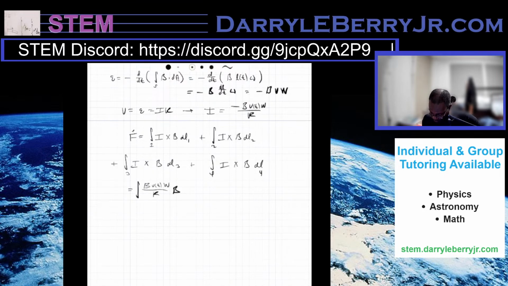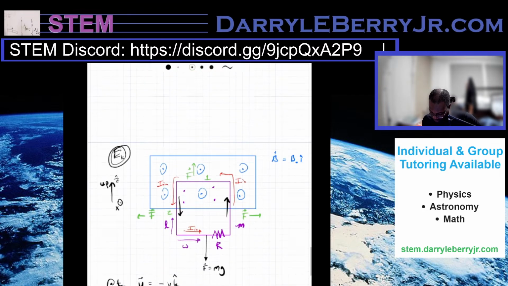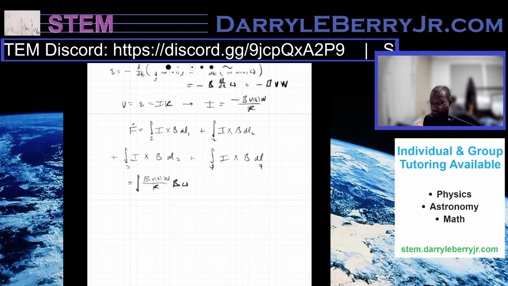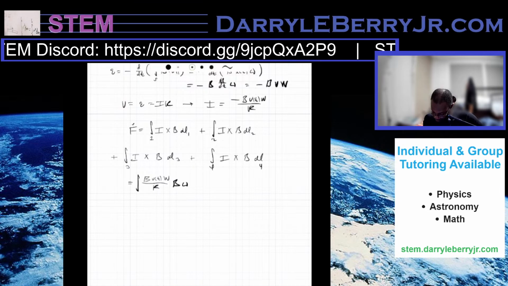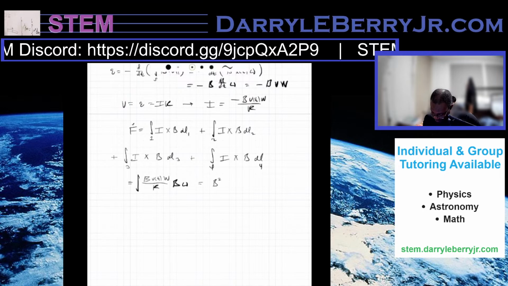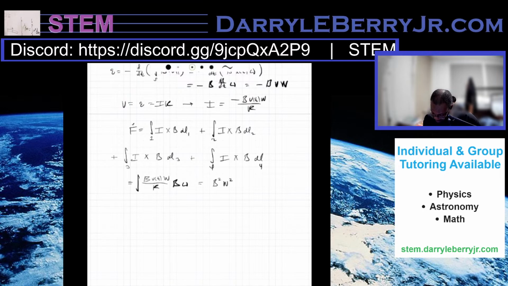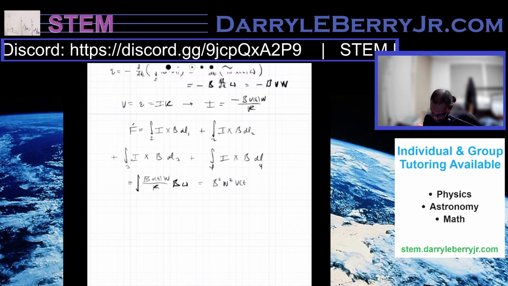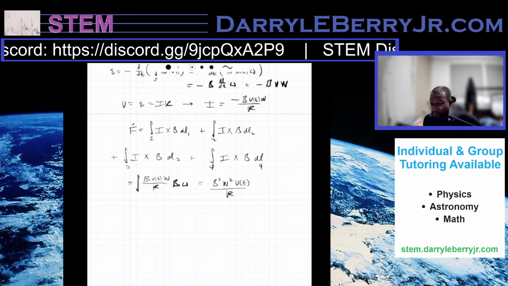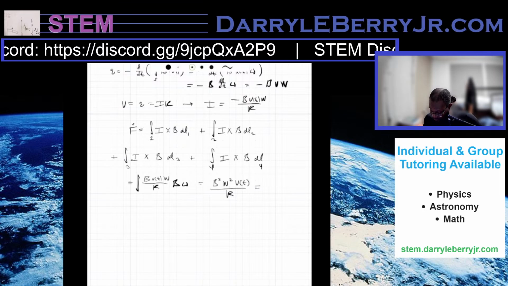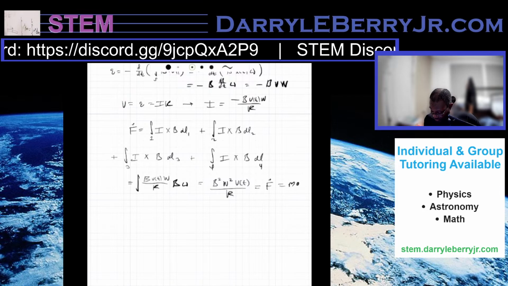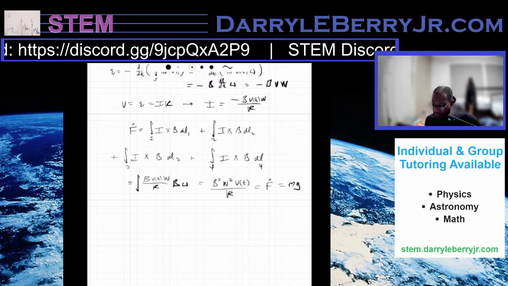Just say B, and the length of that segment is the width, which is W. So we can say B squared W squared V t over R equals the force equals mg. Newton's law always counts.